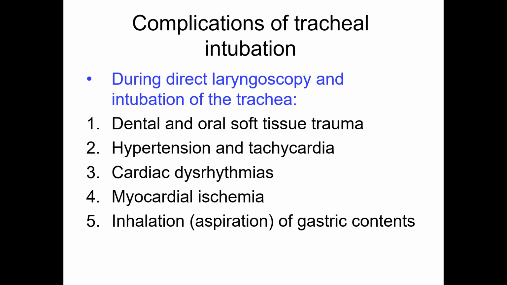Cardiac dysrhythmias, and of course those may lead to myocardial ischemia. That means MI could happen during endotracheal intubation, and we have different methods to prevent this. Also aspiration, especially of gastric content.